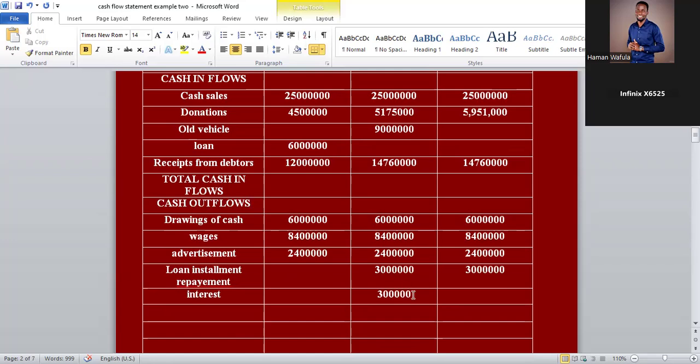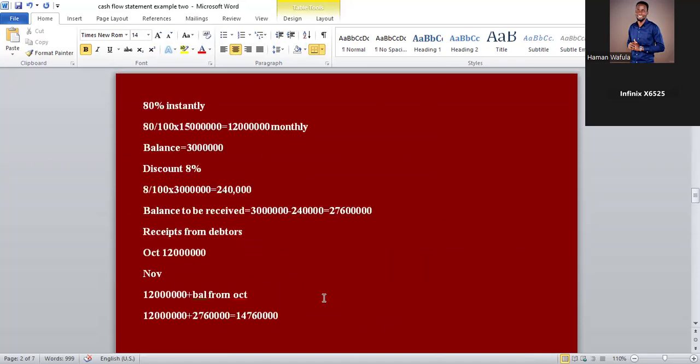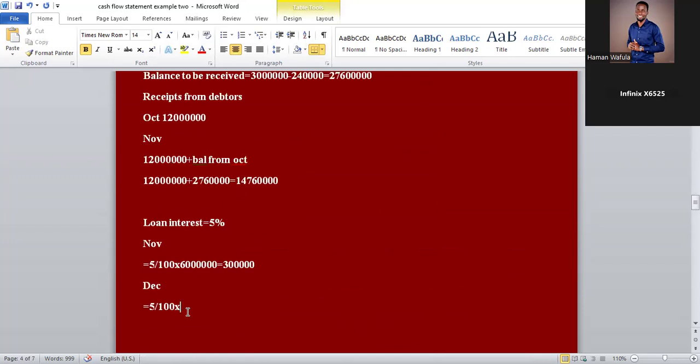So bagamba reducing balance. Kitegeeza we tuba tukajutinga interest ow'omwezi oguddako gwa December, tetugenda kukozesa neera 6 million nga we tukozesezza wano. Tuba tugenda kukozesa 3 million. Kuba ye balance aba asigaddewo.